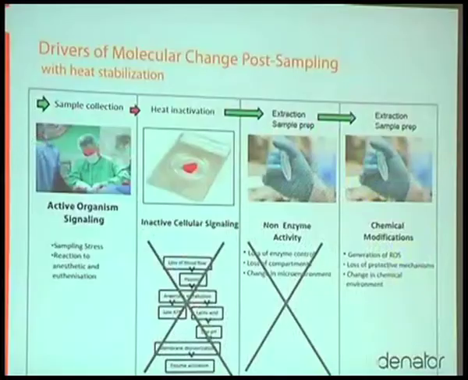So what we want to do is abolish, remove enzymatic activity, because the majority of these changes are due to enzymatic activity. By removing the enzymatic activity, preferably as soon as possible after sample collection, we stop this cascade, or at least the changes brought on by this cascade, and you also stop the changes that happen after homogenization and extraction.